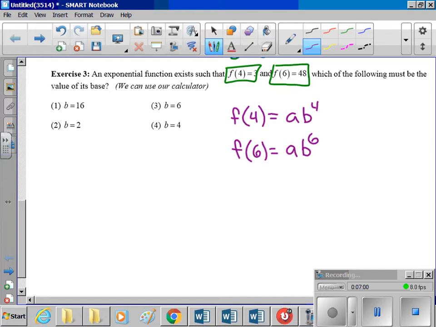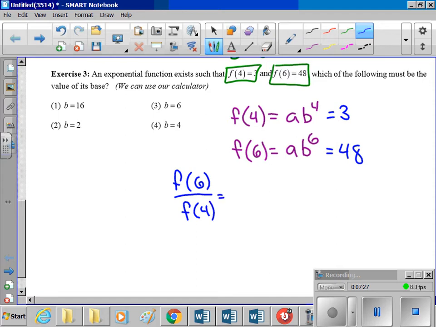But now we have 2 variables, and we can't just cancel one of them out. Unless we divide. So we know that f of 4 is 3. We know that f of 6 is 48. So what happens if we divide f of 6 over f of 4?